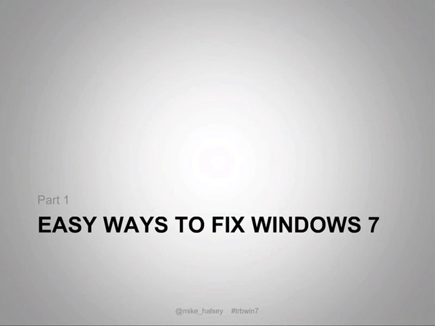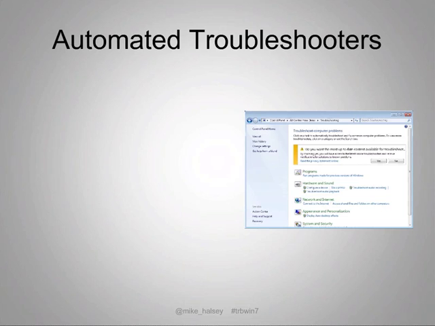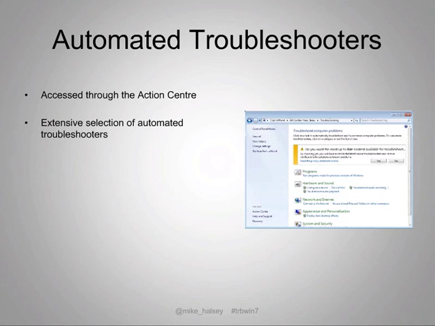So we'll start with the automated troubleshooters in Windows 7. Now these are new to Windows 7. You access them through the Action Center, which is the small up arrow in the bottom right of your Windows 7 taskbar. And there's quite an extensive selection of automated troubleshooters here.